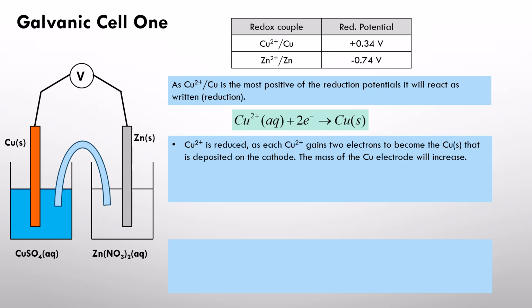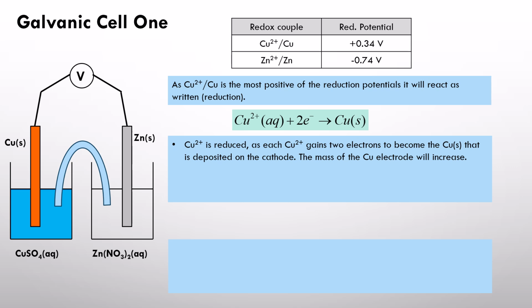So if I was to measure its mass before this was set up and after it was set up, it would get larger because the copper ions have gained 2 electrons each and turned into copper solid that then is deposited on the electrode. So that's one explanation on how I know that this is reduction, because the copper 2 plus ions are gaining 2 electrons each.